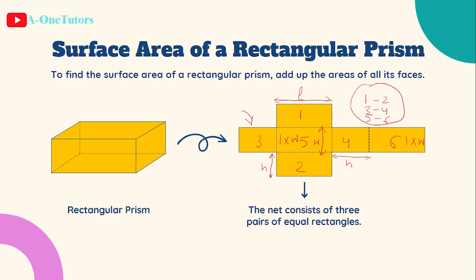This one is length times height, as this also would be considered height. Then we've got 3, which is width times height, and 4, which is similar to 3, again width times height.